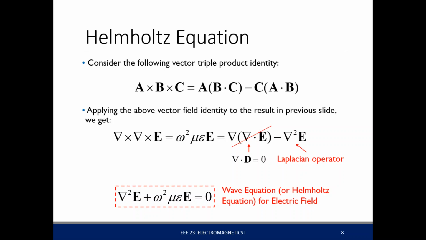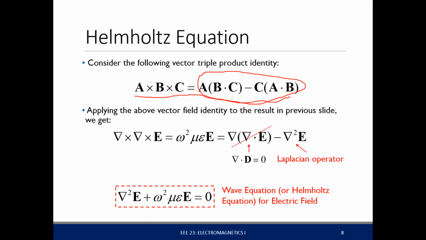So this is your triple vector identity. If we get the curl of the curl of E, then it follows this form: the gradient of the divergence of E minus the Laplacian of E.